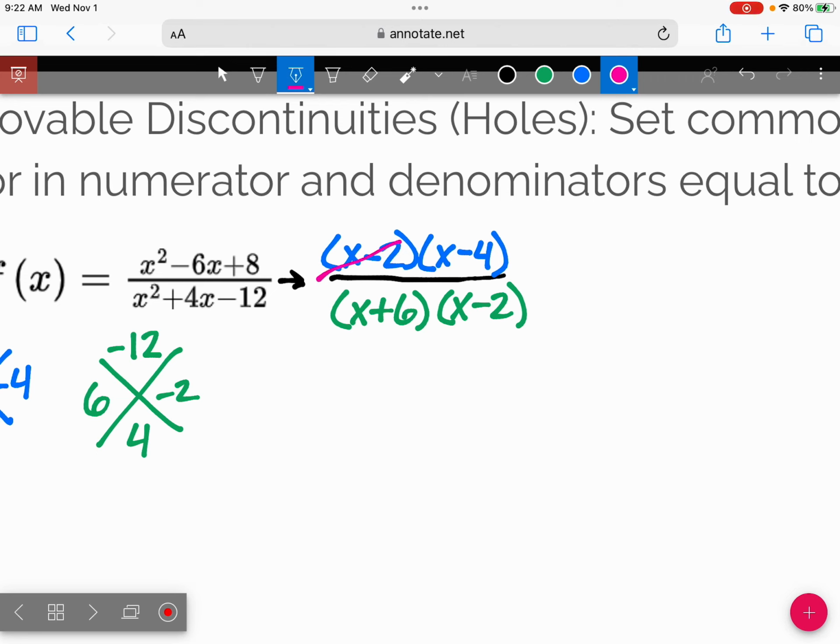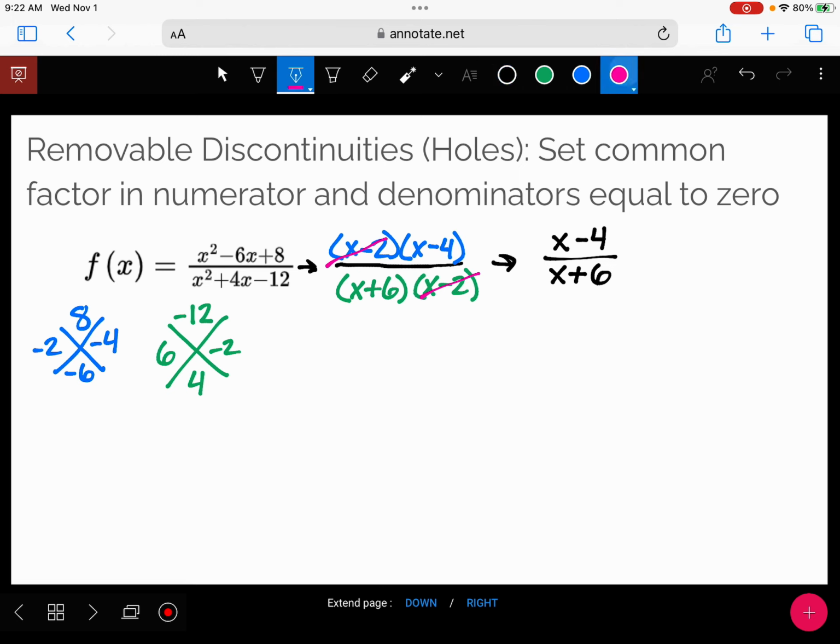The x minus 2's will cancel out, leaving us with x minus 4 over x plus 6. That tells us we have a hole, or a removable discontinuity, where x equals the root of this factor. What is the root? 2.